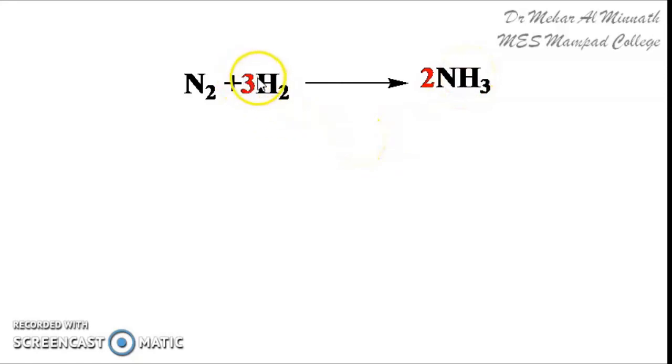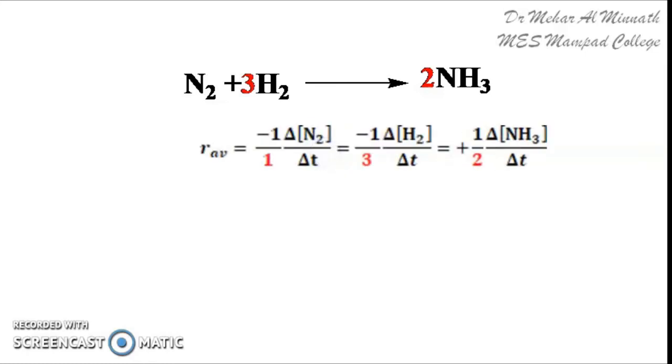Here we have to consider the stoichiometry of the reaction also. In the earlier case, A giving P, the number of moles of A and the number of moles of P formed are the same, but here it's different. So while writing the average rate, we have to consider the stoichiometry of the reaction. Accordingly, we write the average rate of the reaction in this way.